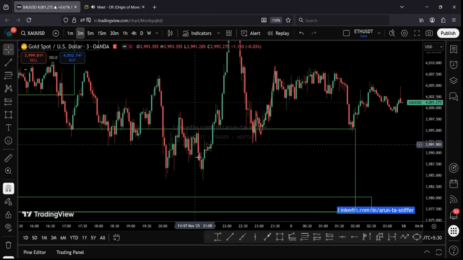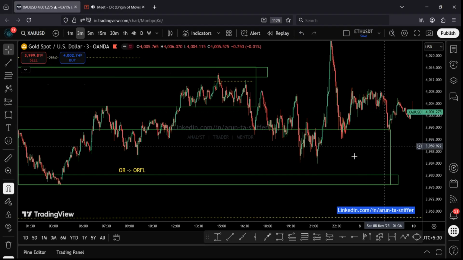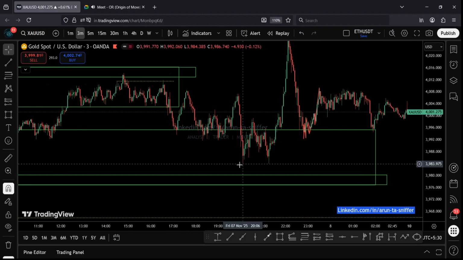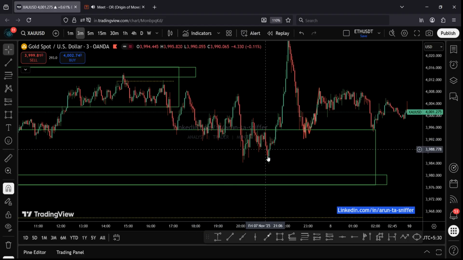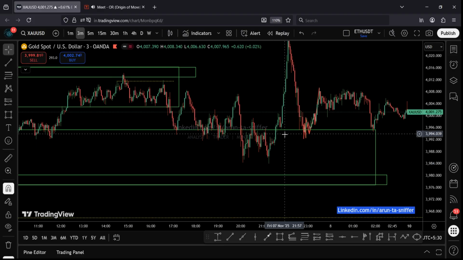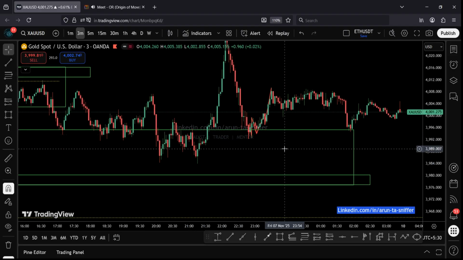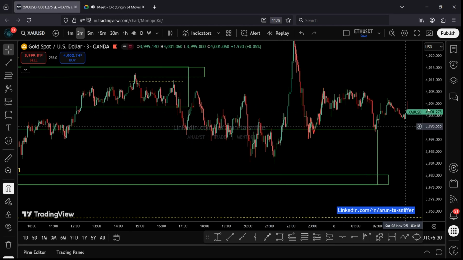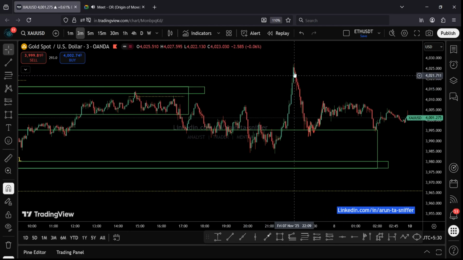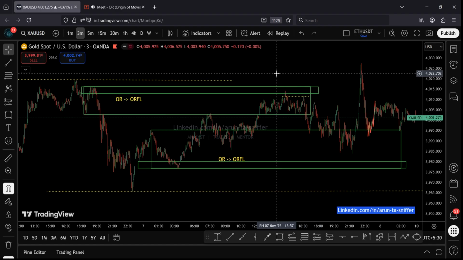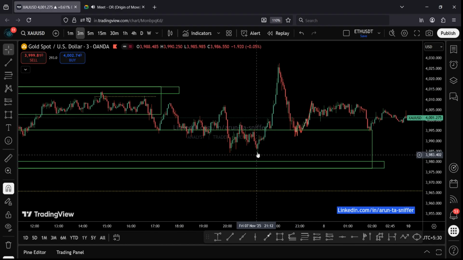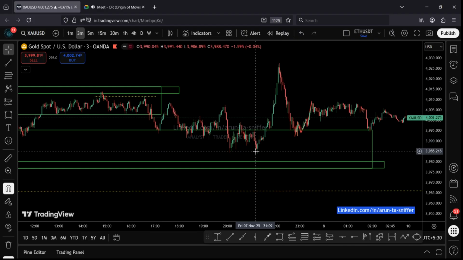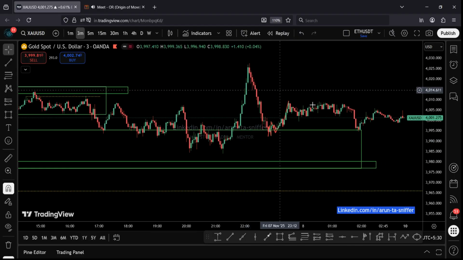Price goes up, came down, goes up, came down, goes up, then came down and goes up, and we did not get the chance to enter here. Why? Price directly ran away like this. In the right direction, price runs very fast like this. So we could not enter here, no problem.